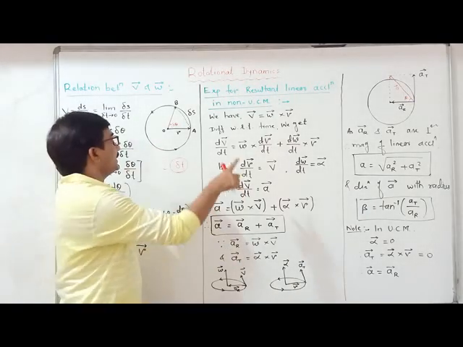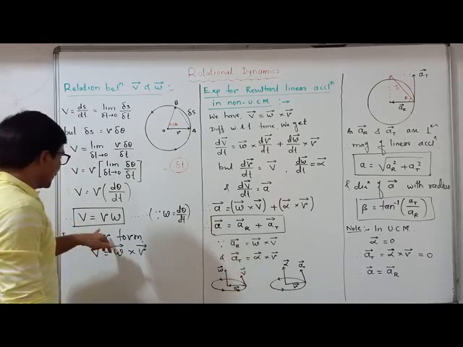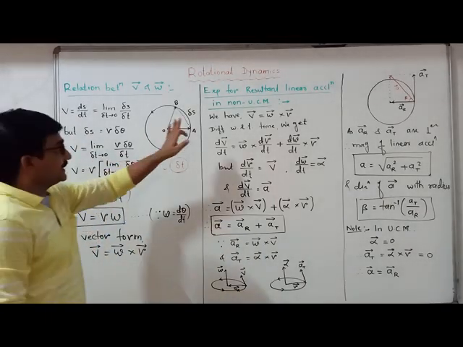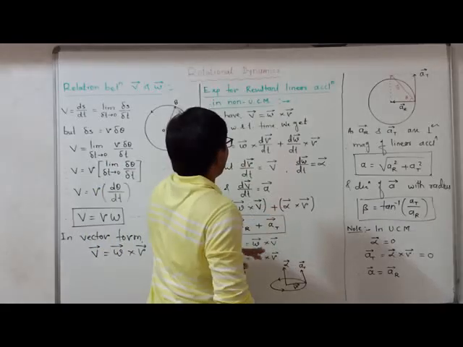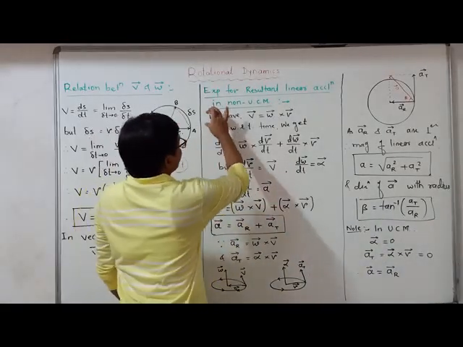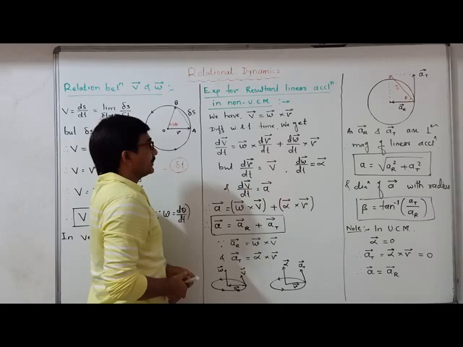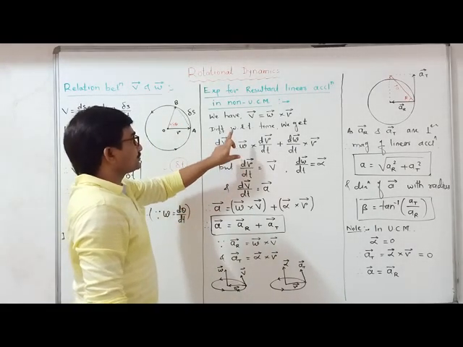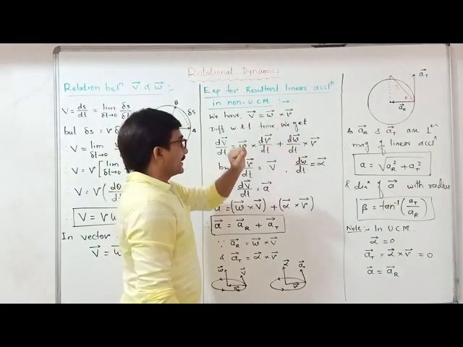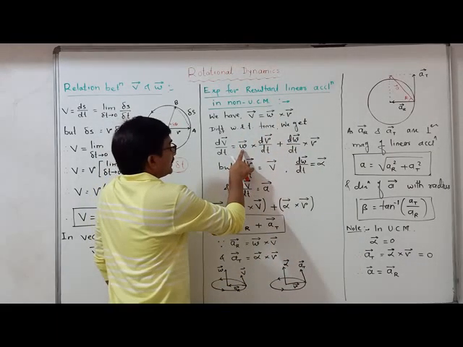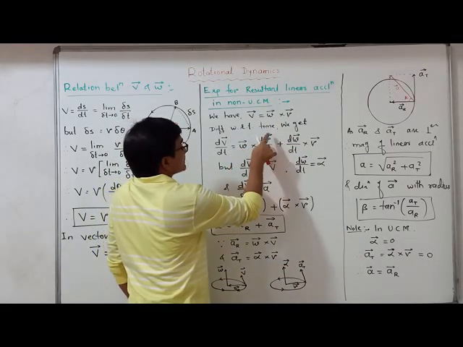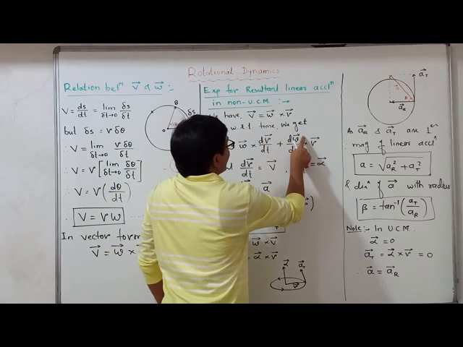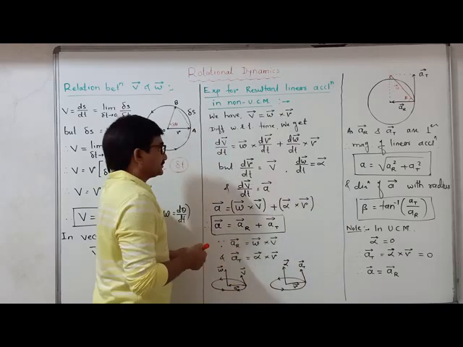Now we have already given the relation between linear velocity and angular velocity, that is vector v is equal to vector omega cross vector r. Now we have to differentiate this equation with respect to time. Then we get d by dt of vector v is equal to, applying the product rule, first vector omega cross d by dt of vector r, plus d by dt of vector omega cross vector r.